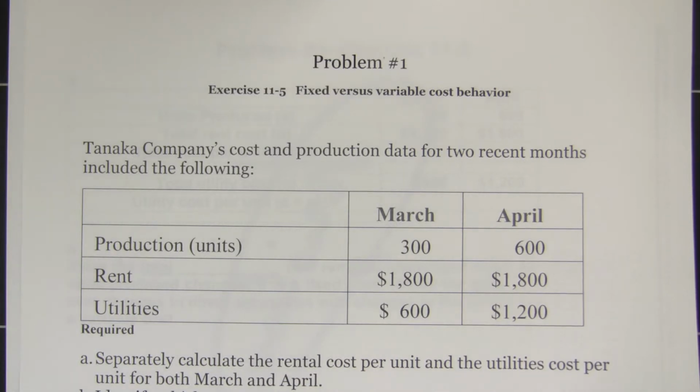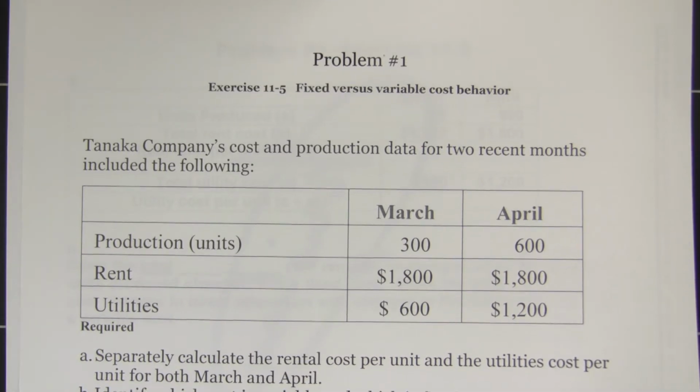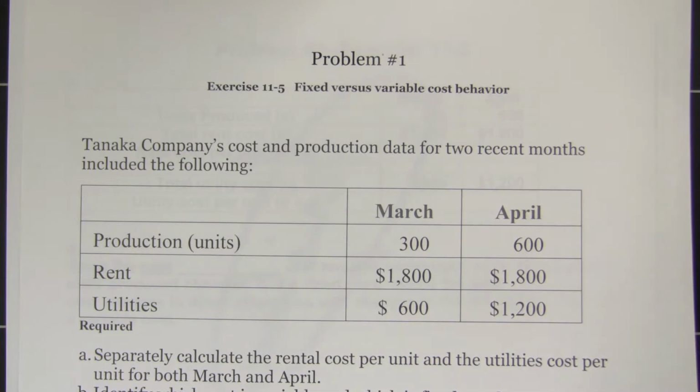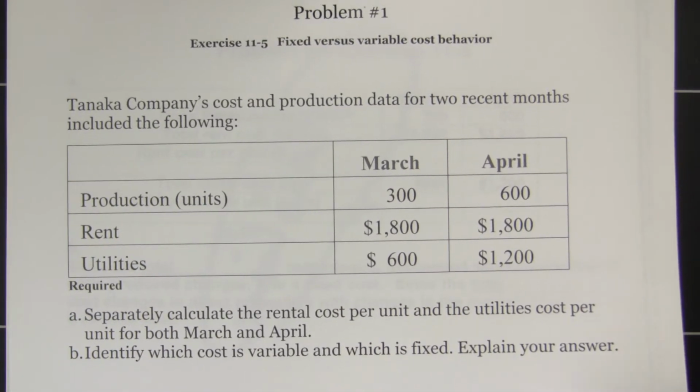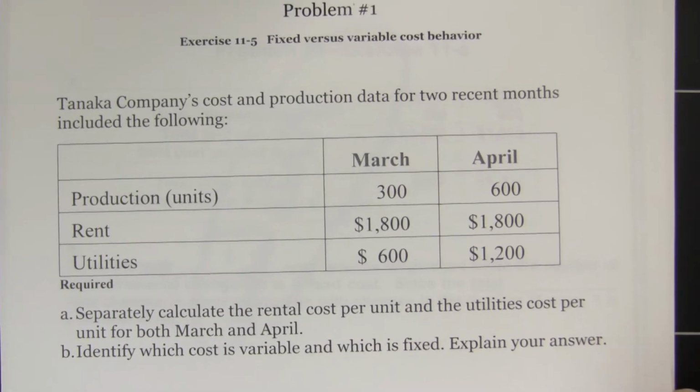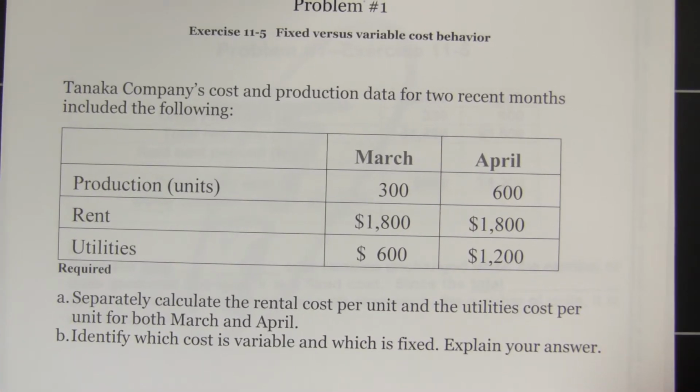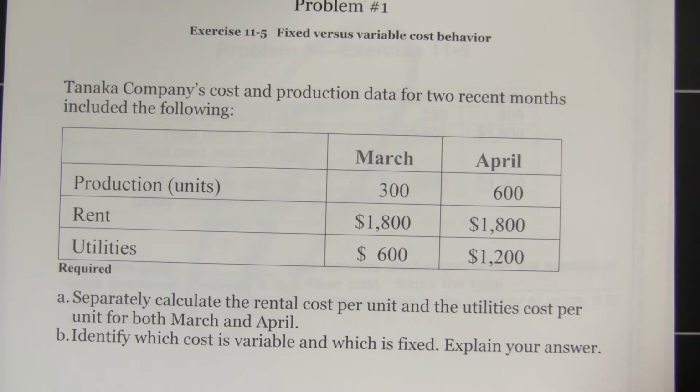Problem 1 on Connect is exercise 11.5 in your text, and they're asking us to look at some information for this Tanaka company and make some decisions, get some insights.